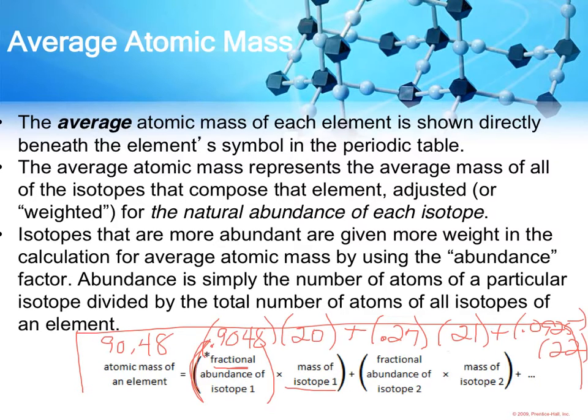I want to take a moment to point out a really common error that students make. That third isotope, neon 22, had a percent abundance of 9.25. Be really careful when converting that to fractional or decimal abundance.